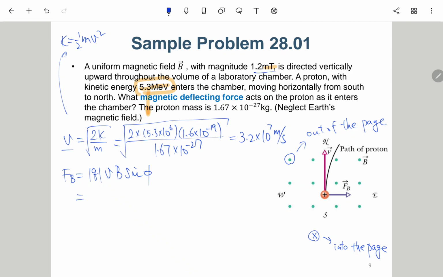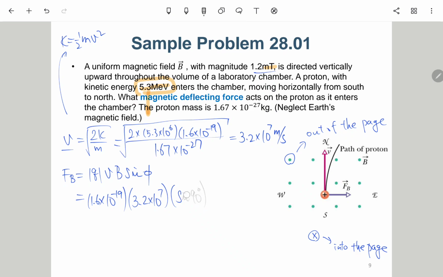So actually we have q to be 1.6 times 10 to the minus 19. It is a proton, so with a charge of positive e. And then v is what we have calculated just now, 3.2 times 10 to the 7th power, times sine of 90 degrees, which is 1.